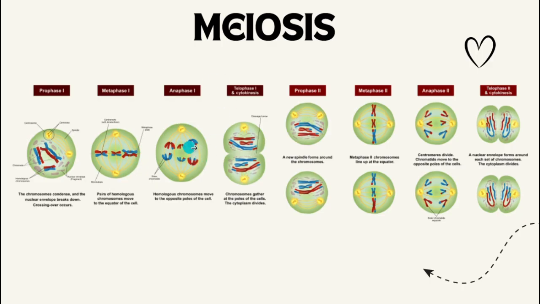So the spindle fibers extend and attach themselves, and then in anaphase the chromosomes separate. Before that, the homologous pair we could also call a tetrad. That's basically 4 chromatids, 2 chromosomes making up the homologous pair, right? So here, when they're pulled apart, we have one chromosome going one way and one chromosome going the other. You can see the genetic variation, what happened because of crossing over, that we have different colors on different colors, right?